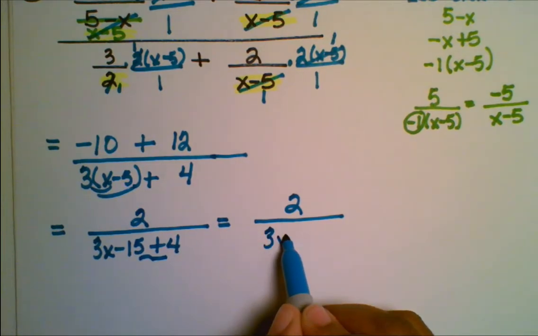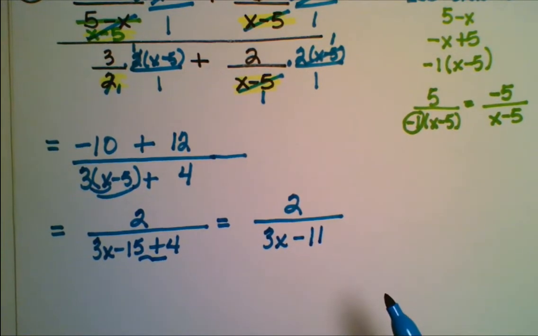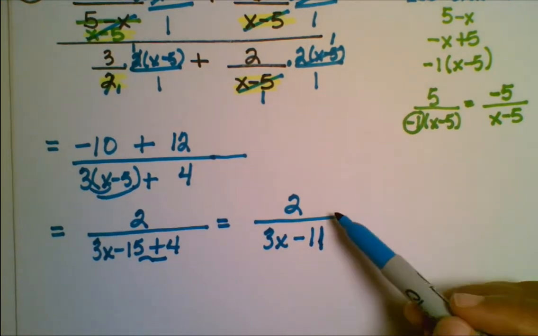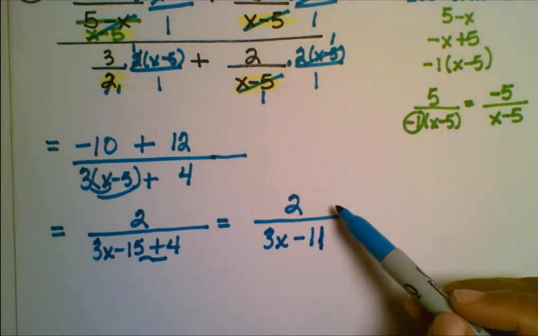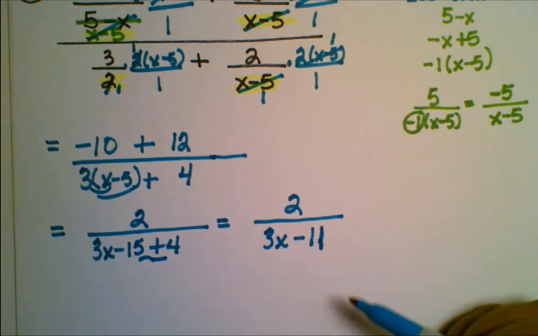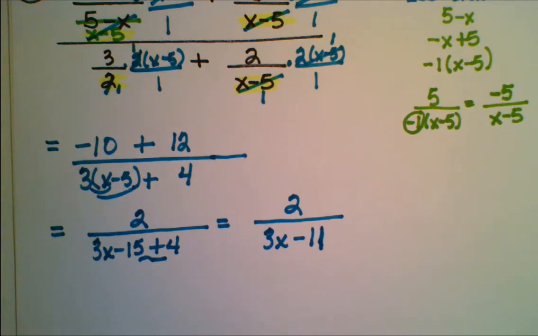We have 3x minus 11. Now, as we look at this solution, it cannot be factored. We've simplified it to simplest terms. So we're finished with this example, and our solution is 2 all over 3x minus 11.